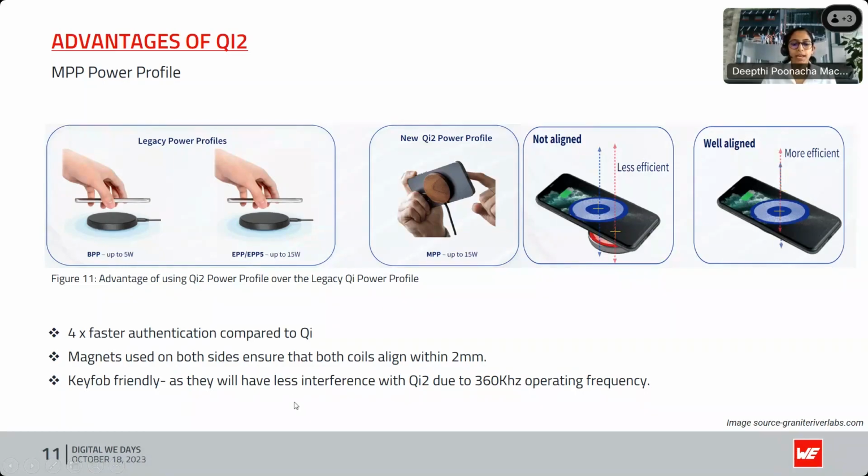And the reason for having Qi2 at 360 kilohertz frequency is that it makes it easier to use key fobs in the vicinity of the Qi2 devices. In the past, it was observed that wherever the Qi devices were used, key fobs or any other wireless appliances would have certain interference because of the frequency range and would not operate properly.